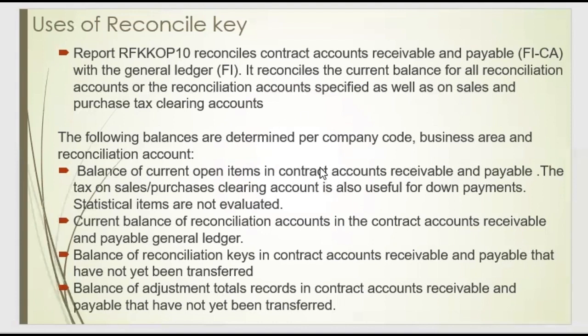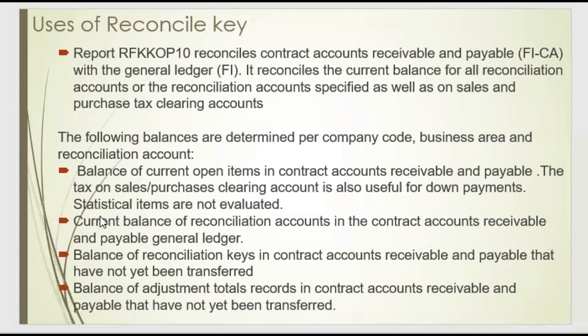It determines the company code, the business area, and all the details linked to the GL. That's how it works to balance out between the current open items in a contract account receivable and payable, the tax and the sales purchase clearance, the down payment, and the statistical item.